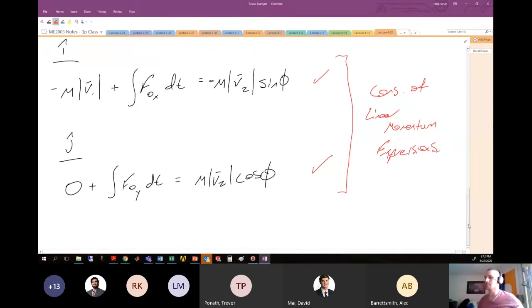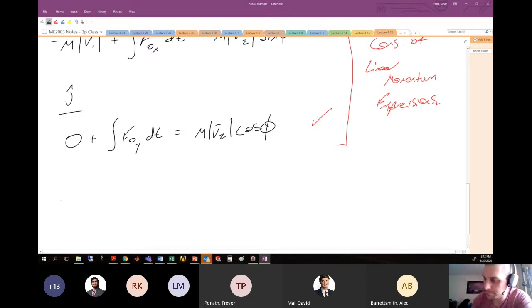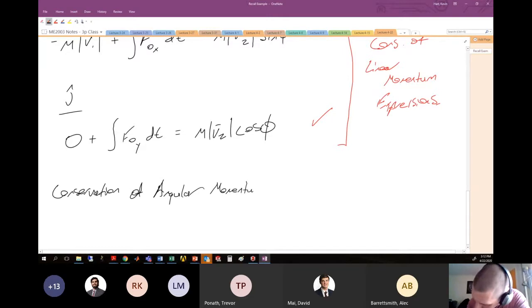Sweet. Let us continue now with what is the newer stuff, and that is conservation of angular momentum. When we do conservation of angular momentum, just like when we do kinetics, we can choose to do our analysis at the center of gravity or at a fixed point.